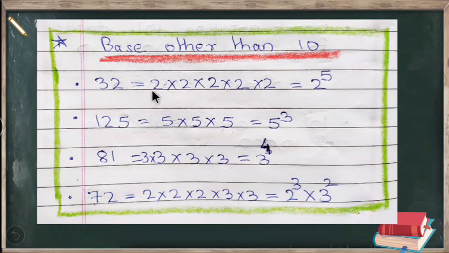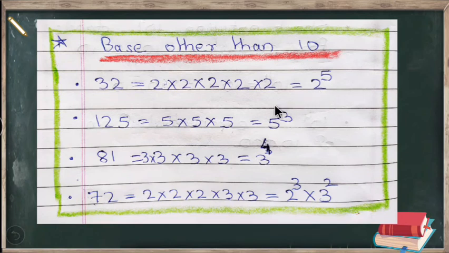This means that when we multiply the digit 2 by itself 5 times, we get the product 32. So 32 can be written as 2 raised to the power 5, because we are multiplying the number 2 by itself 5 times. Here 2 is the base and 5 is the exponent or the power. So the base in this is 2.